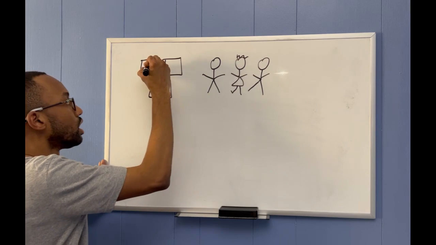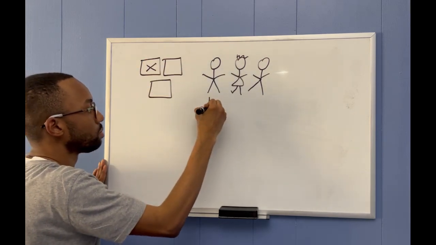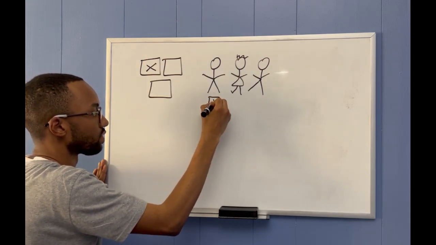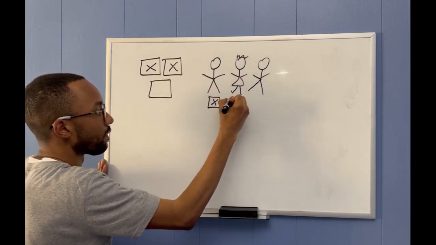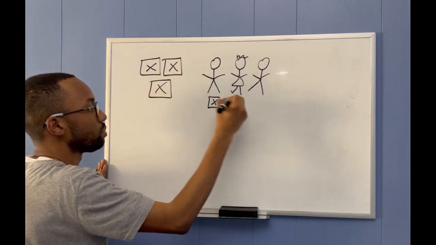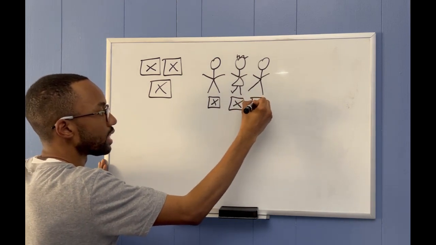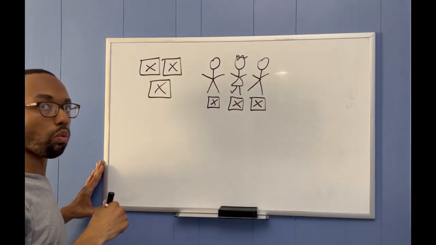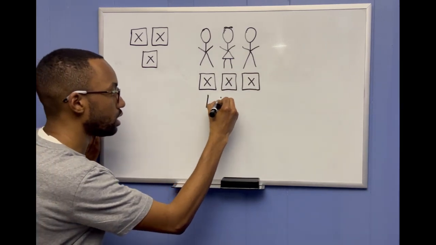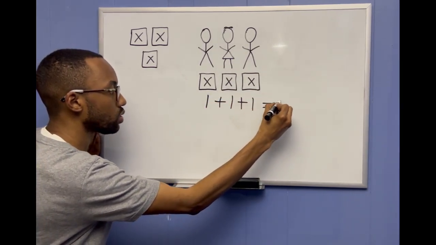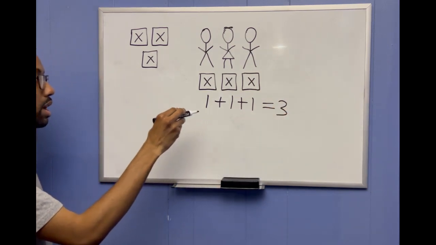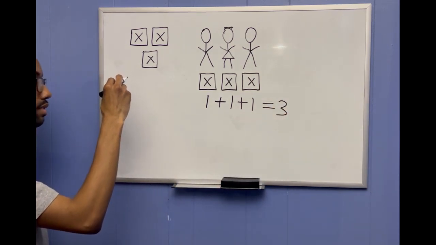Well, if I give this ice cube to Alex, this ice cube to Jane, and this ice cube to Carl, they'll each have 1 ice cube. So that's 1 plus 1 plus 1 equals 3. The same amount of ice cubes that we started with.